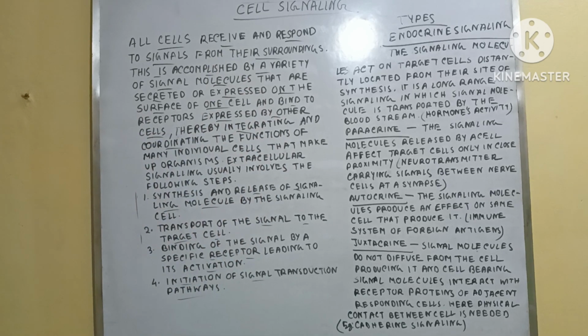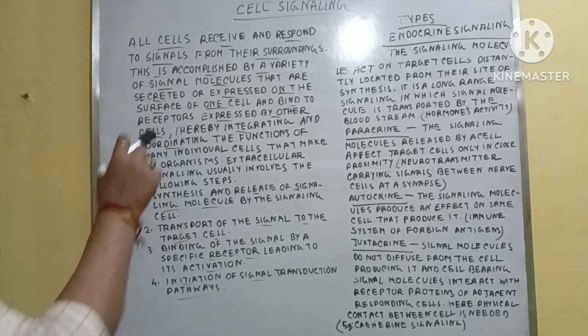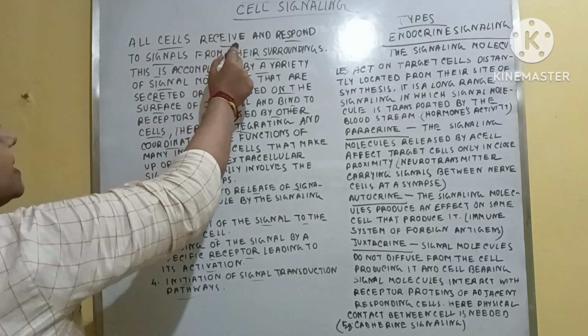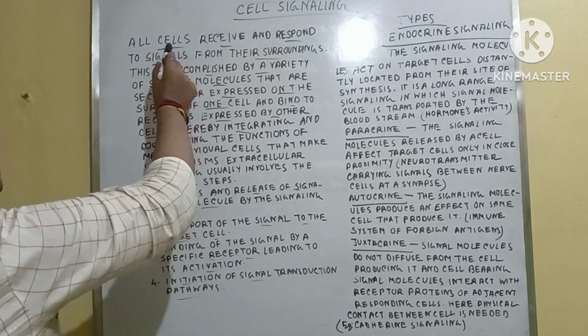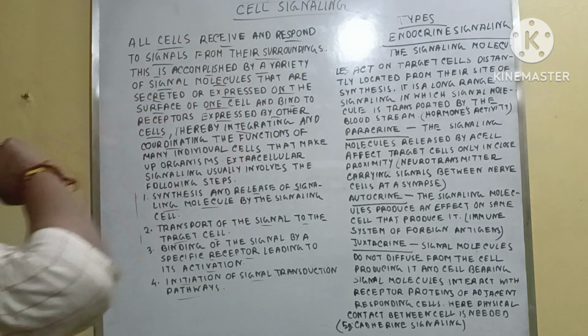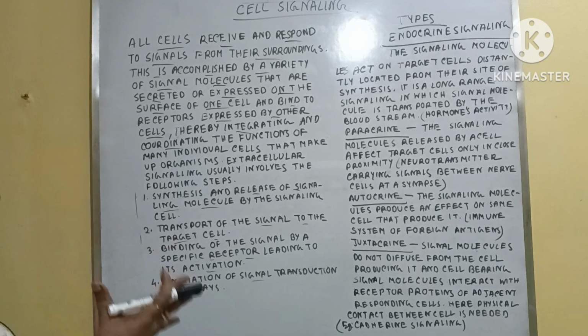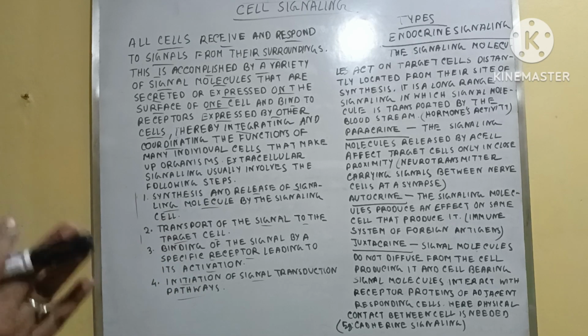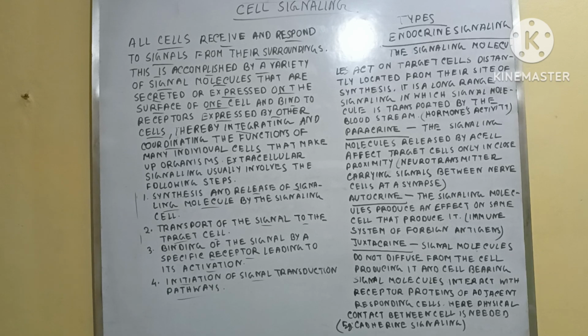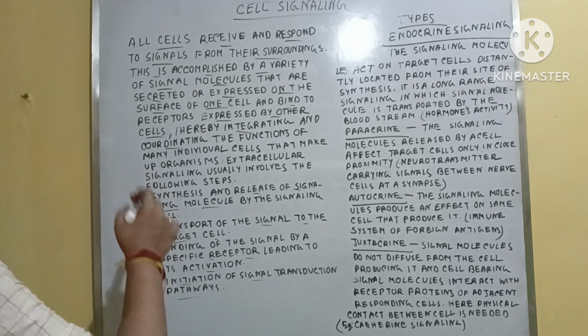So here it is saying that generally the cells receive and respond to signals from the surroundings. The signals may be foreign particles, or the signals may be released from other cells.